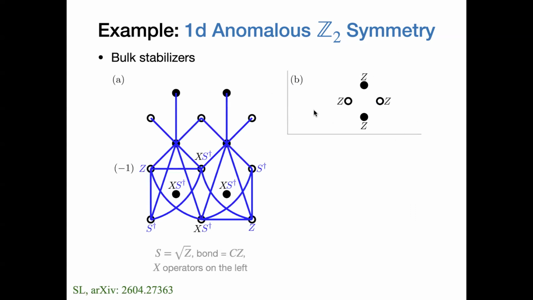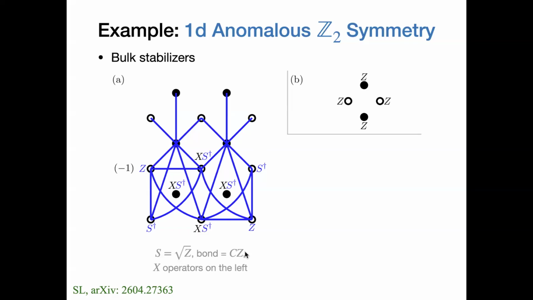There are two types of stabilizers. This one is simpler. It's just a four-Z term, which also exists in the toric code example. But this one is a new stabilizer. It is a product of four X's times some other diagonal operators.